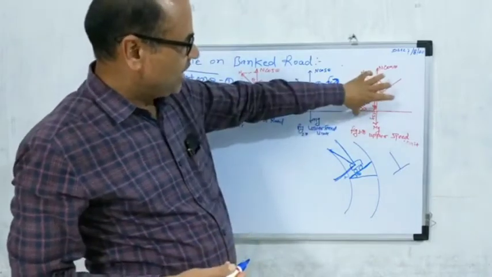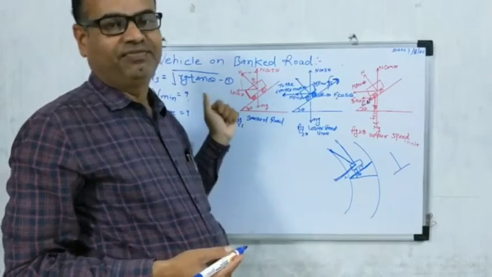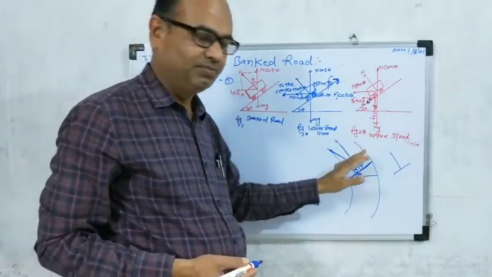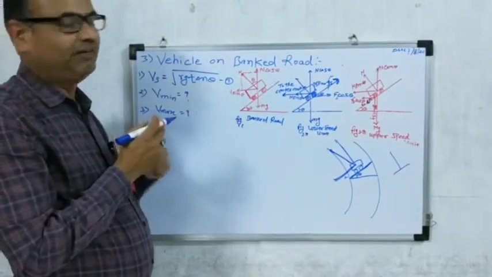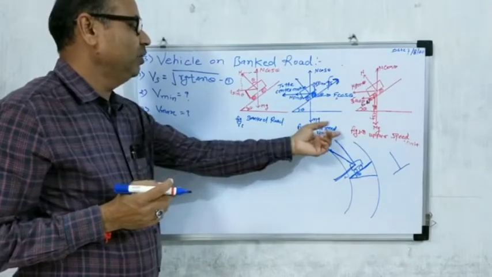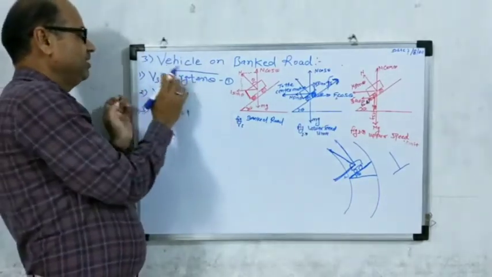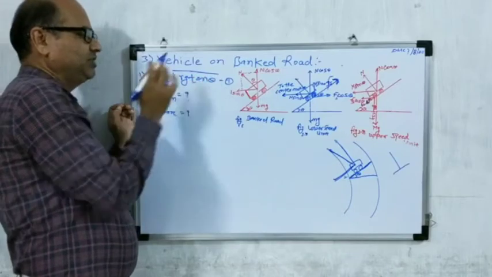Therefore, the car is moving in a circular form and the centripetal force is necessary. By the equation of the car moving at a lower speed, first, the safety speed is the square root of R g tan theta.